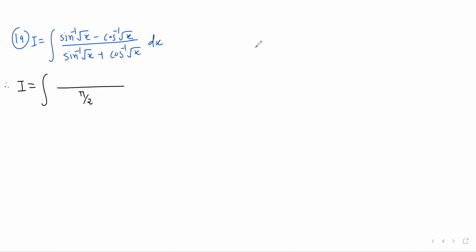Now in the numerator, there are again two different terms, sine inverse and cos inverse. We have to convert the whole term into one form.